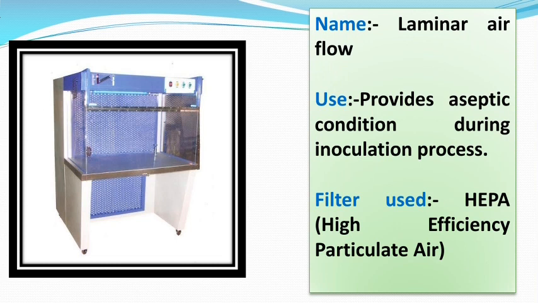It is used for the isolation of fungi and bacteria cultured on plates and slant test tubes. There is use of ultra filters. The filter name is HEPA filter, high efficiency particulate air, which air passes through. The filter size is 0.2 micron.